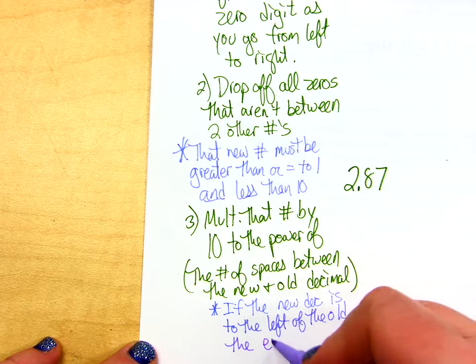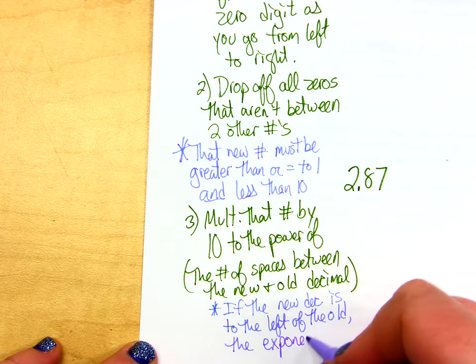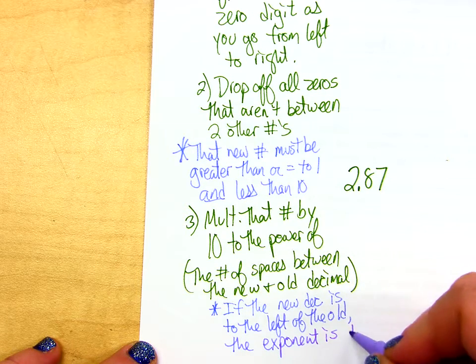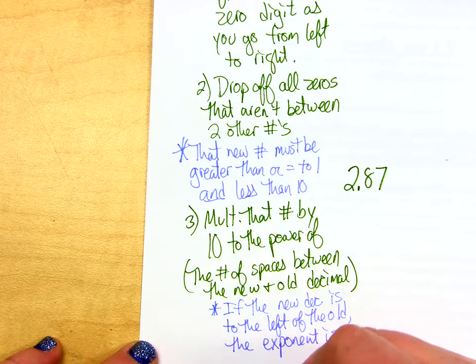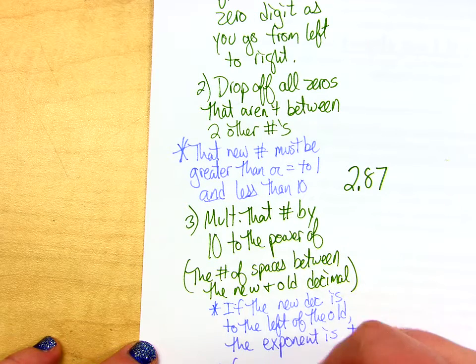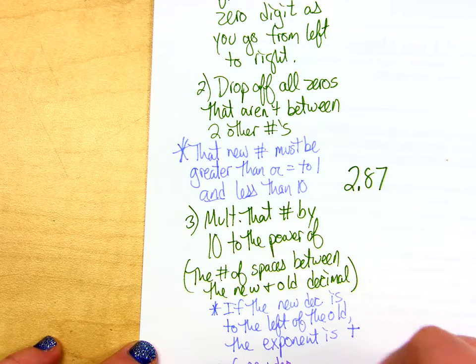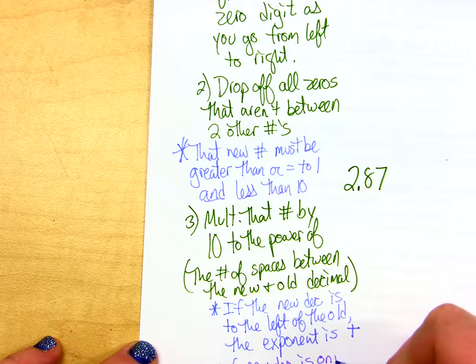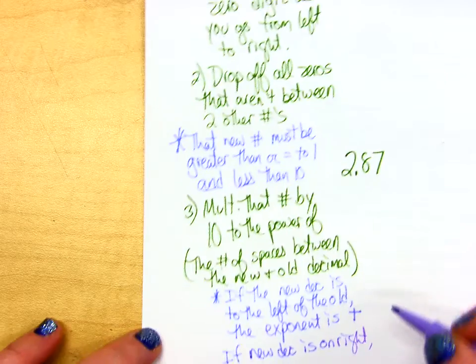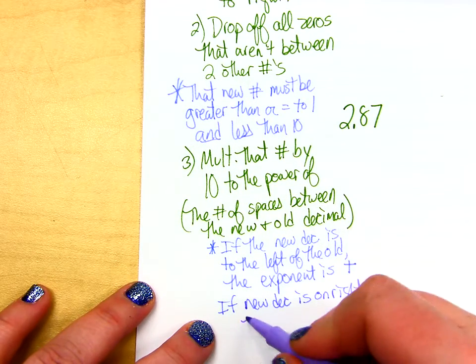Yeah, there is. There's always a decimal. The exponent is positive. If the new decimal is on the right, the exponent is negative.